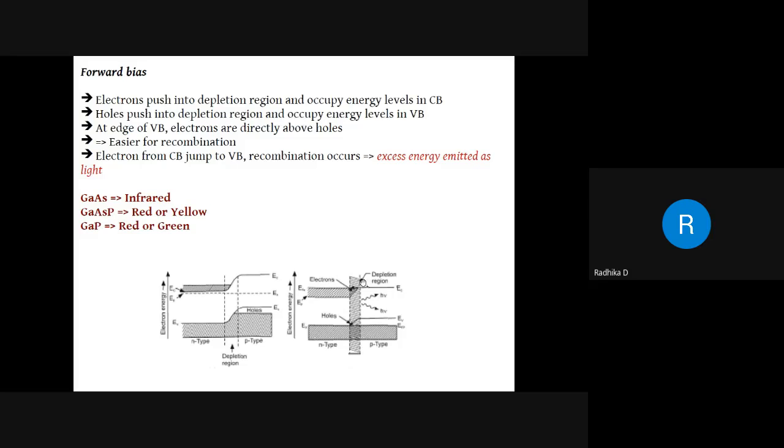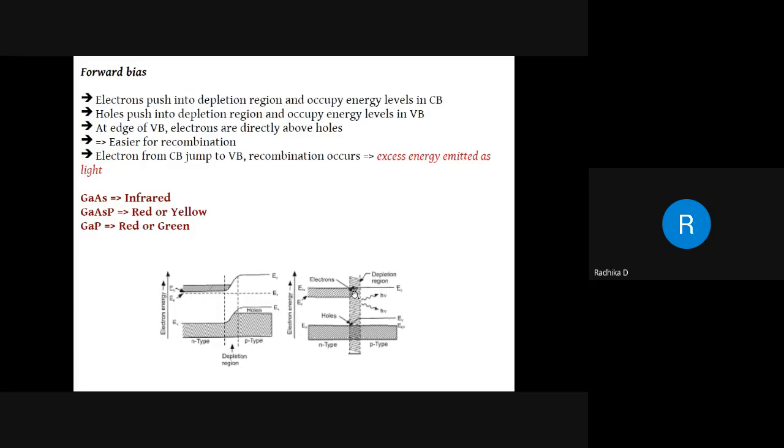Similarly, it's not just electrons which are moving, there are holes also which are moving. So below, in the valence band, you also have holes. Within the depletion region, there is a conduction band and valence band. When your applied voltage crosses the knee voltage, current starts flowing.